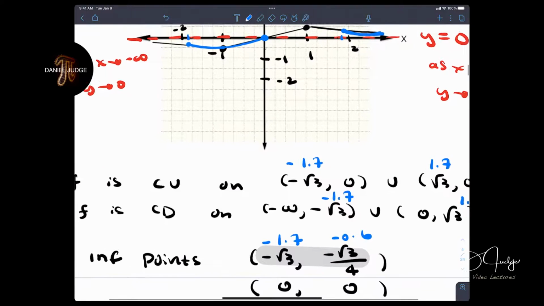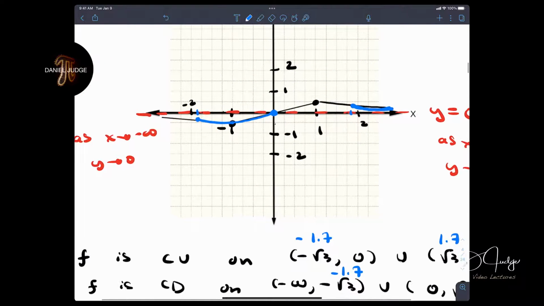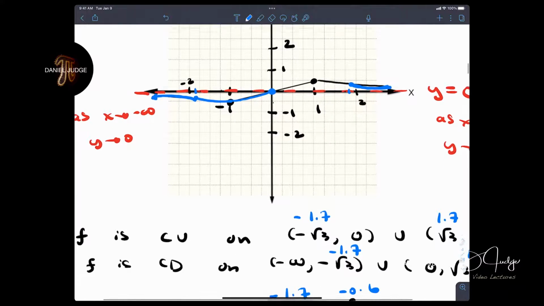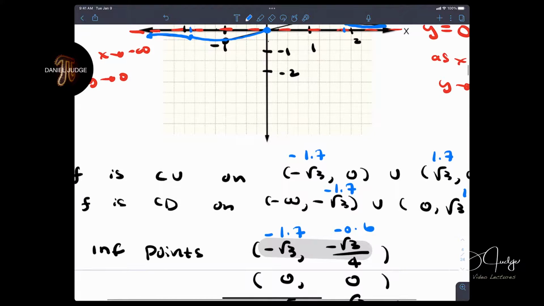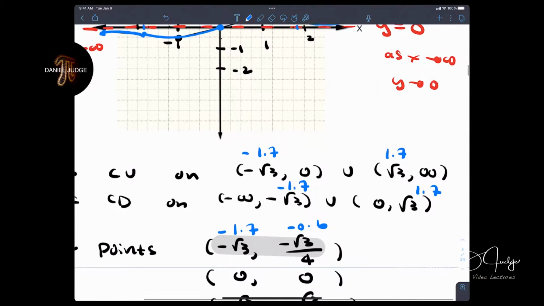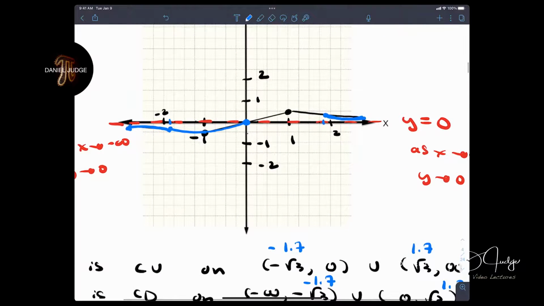Concave down from negative infinity to negative 1.7, so you're not holding water, so you're kind of going like this, right? But you're still getting close there. Not holding water. And then from 0 to 1.7, concave down.